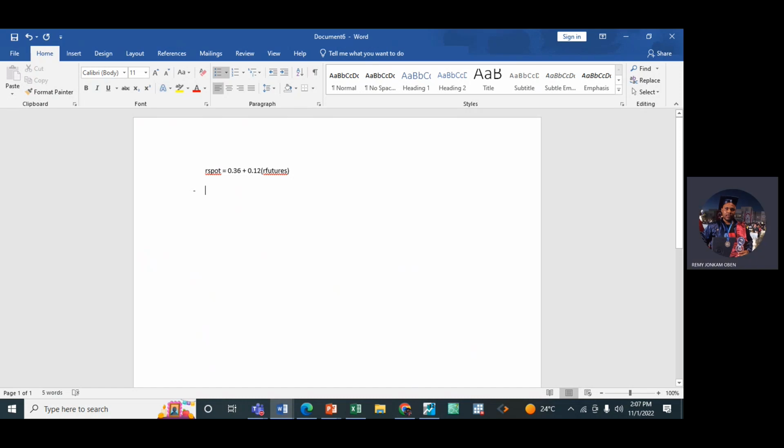A 1% increase in the returns of the futures series, it is returns, not futures price, will cause a 0.12% increase in the returns of the spot series, right? It is not 12%, it is 0.12. That's how we interpret it.